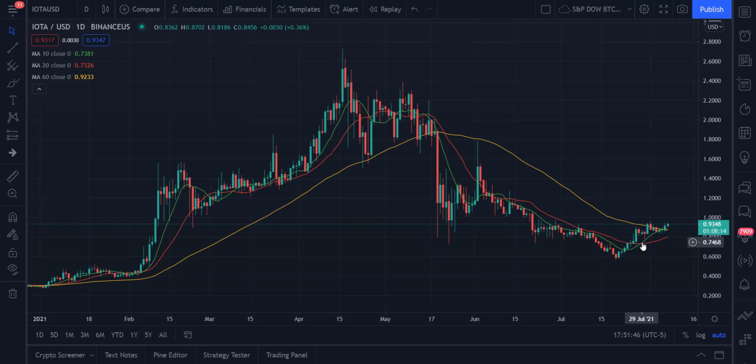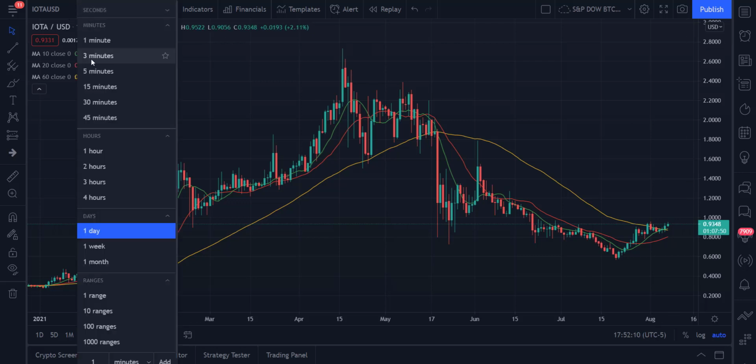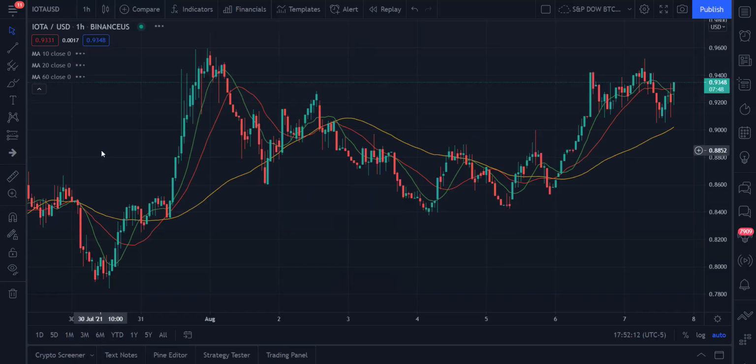So back on July 29th, we had a crossover of the 10-day and the 20, and now the 10-day is actually higher than the 60-day, but the 60-day is still higher than the 20. So because of that, I call it a period of consolidation. There's no clear up movement or down movement at the day range, but I'm sure it's going to change when we drop it. So let's look at the daily.